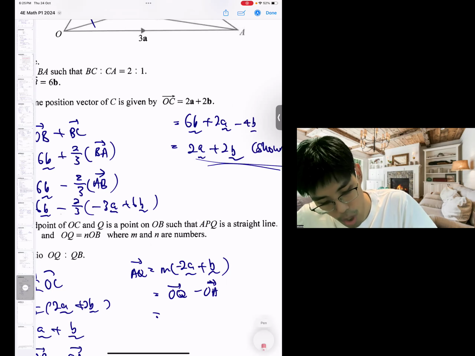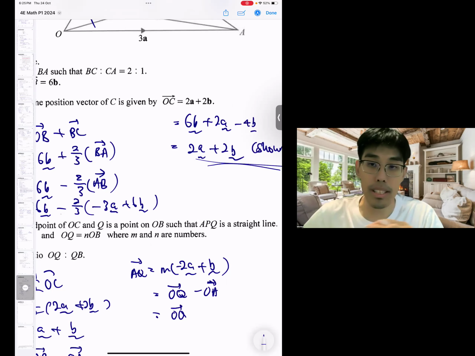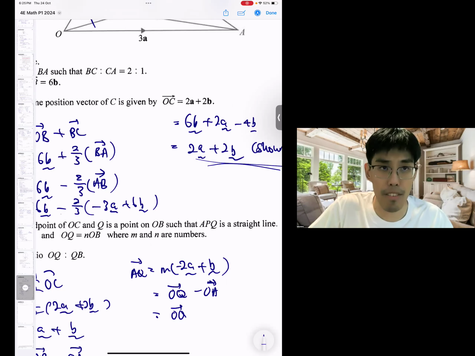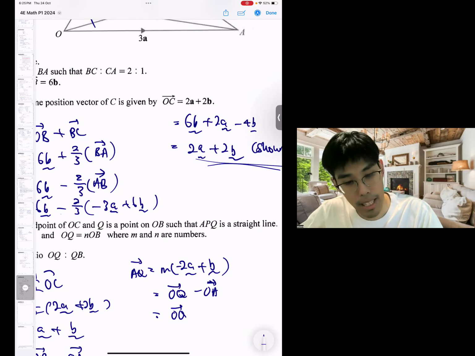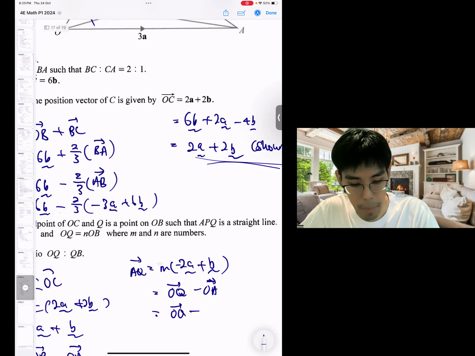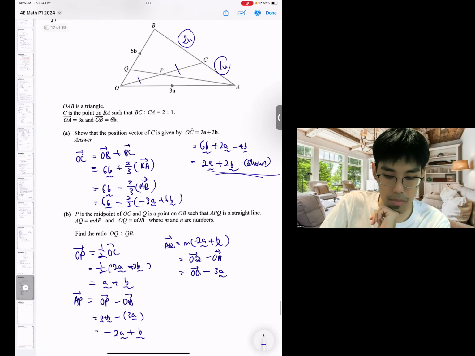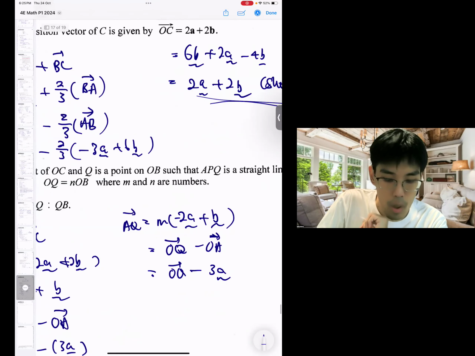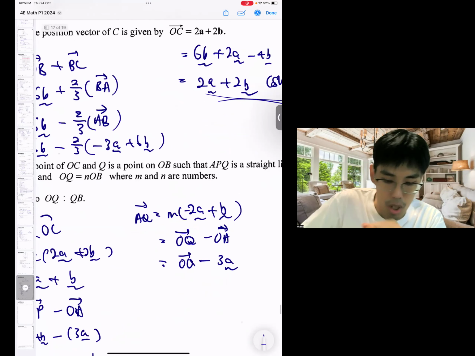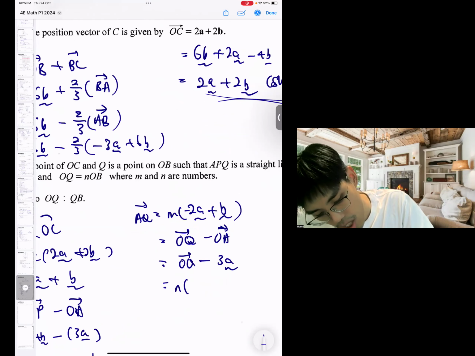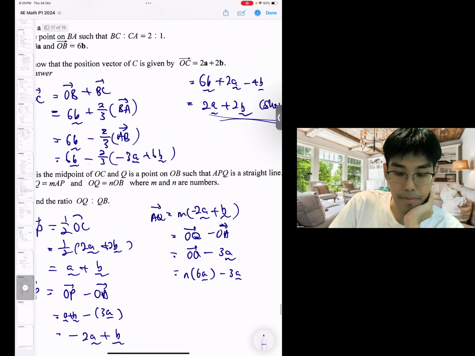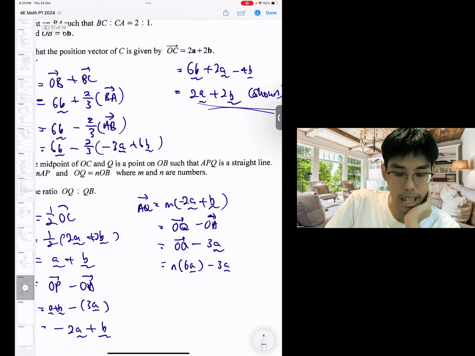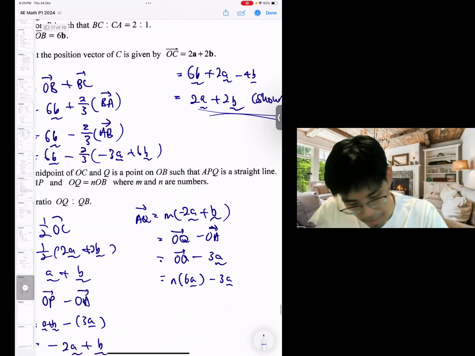And we don't know what OQ is, but we only know it's a part of 6b, and we don't know anything about it yet. But it's okay, we leave it like that first. OA is 3a. So OQ is n OB, so we can say it's n of 6b. That's the idea.